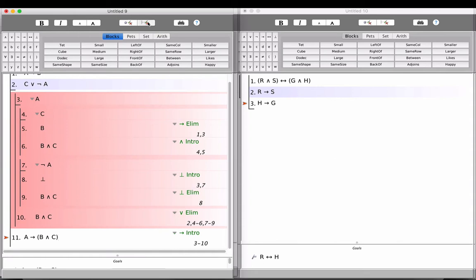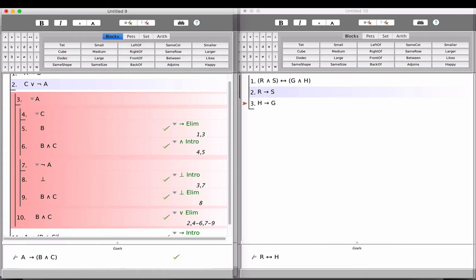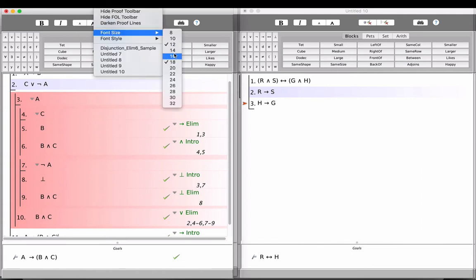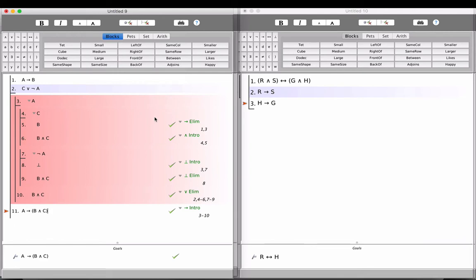Let me go ahead and verify. Let me go ahead and make the font size a bit smaller so we get the entirety of the proof in a single window, and everything checks out, right? So remember how we worked. We worked backward from our conclusion.